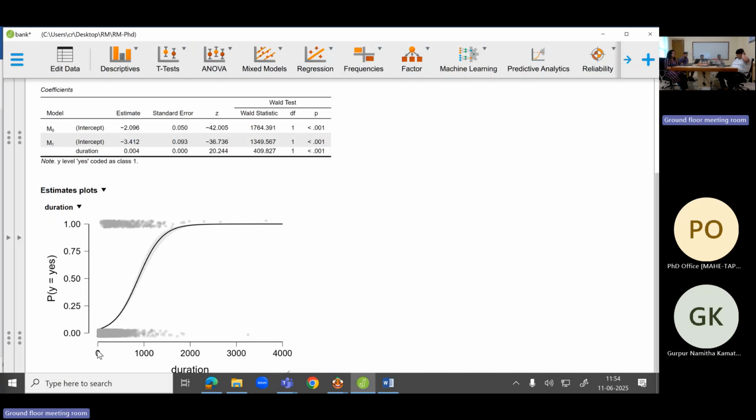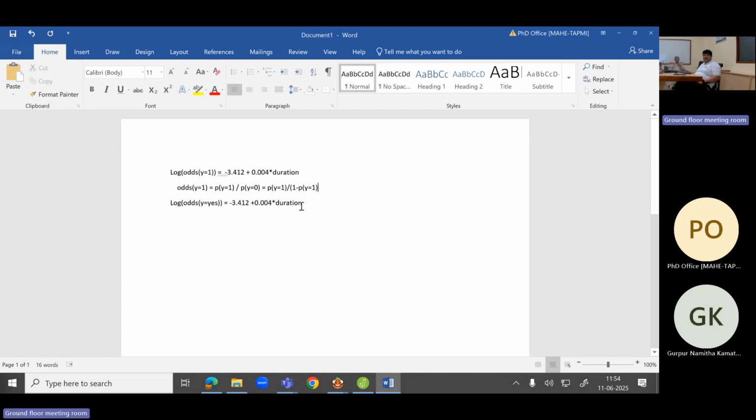How much duration should I spend so that my probability is at least 0.5? So 0.5 is the break.